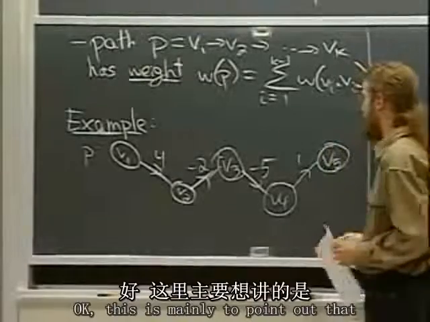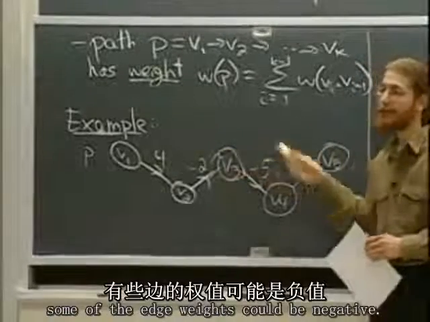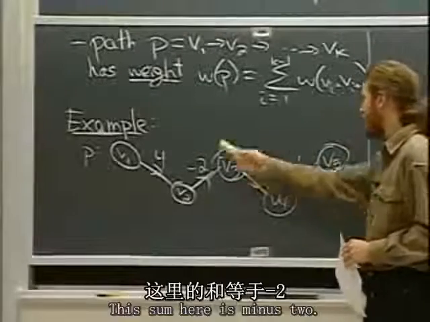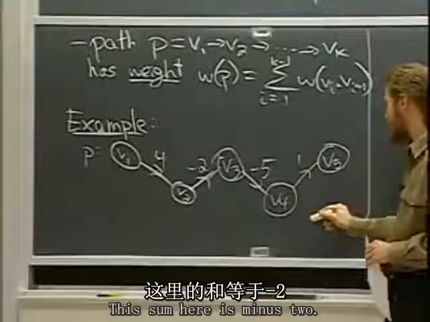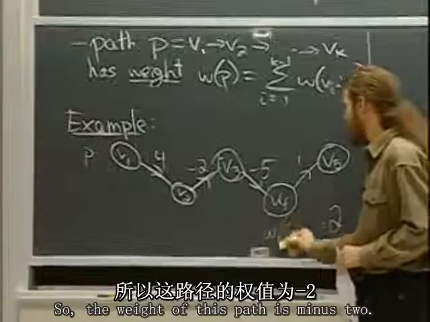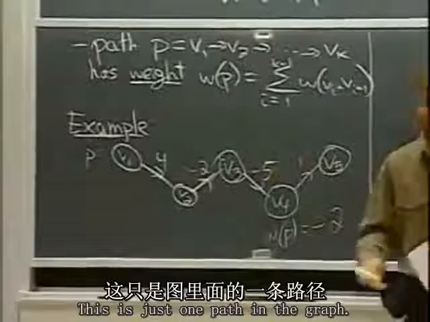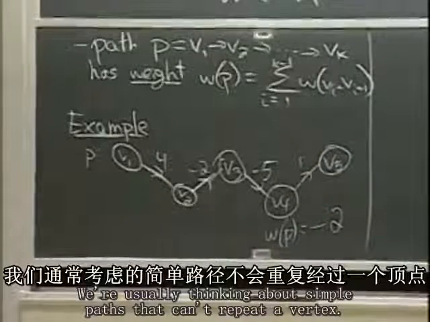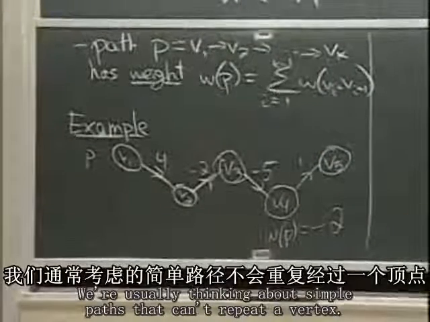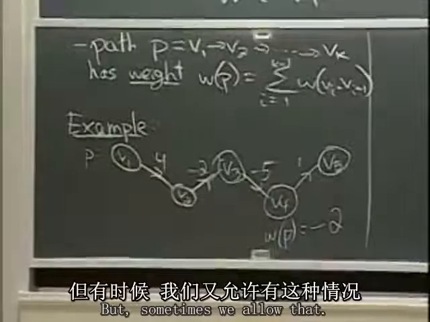This is mainly to point out that some of the edge weights could be negative, some of them could be 0. The sum here is minus 2. So the weight of this path is minus 2. And presumably the graph is much bigger than this. This is just one path in the graph. We're usually thinking about simple paths that can't repeat a vertex, but sometimes we allow that.